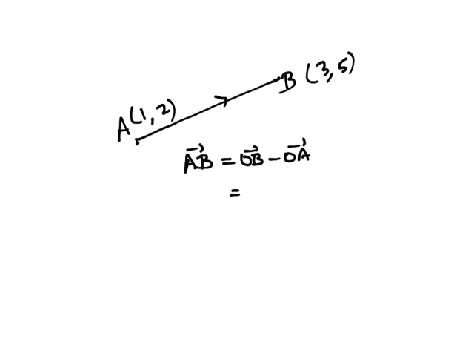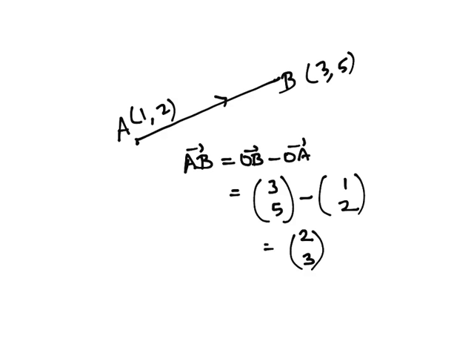So which means (3, 5) minus (1, 2), which is nothing but (2, 3). If I want to find the magnitude of AB, again quite simple, you square 2 and 3, add them, and then take the root of that. So I'll get square root of 13. So the magnitude of AB is square root of 13.